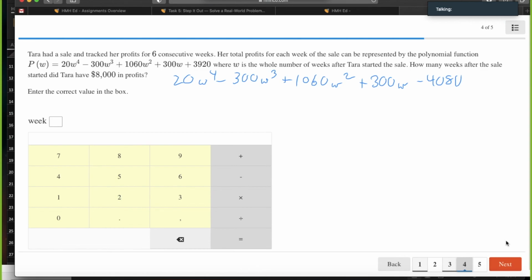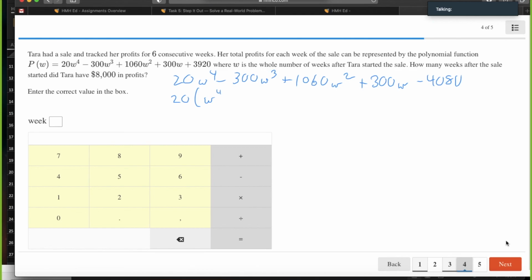So that's the thing that we're working on. You know what I'm going to do? I'm going to factor a 20 out of that whole thing. I think I can do that. Because I don't want to deal with this thing right here. I really don't. So we're just going to factor a 20 out.